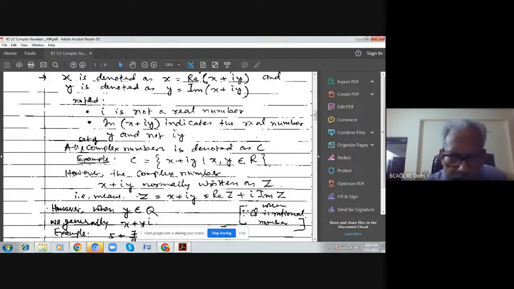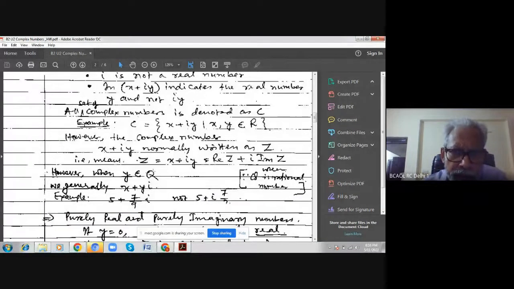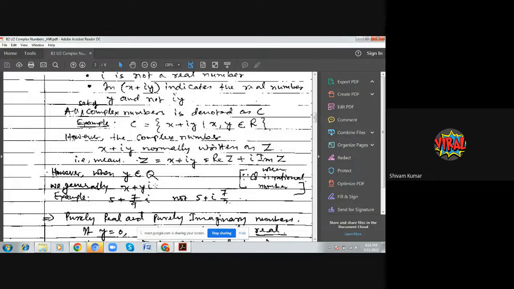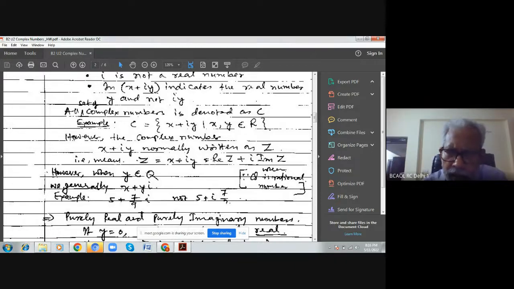Normally we write it as Z, not C, especially in solution purposes when calculating.